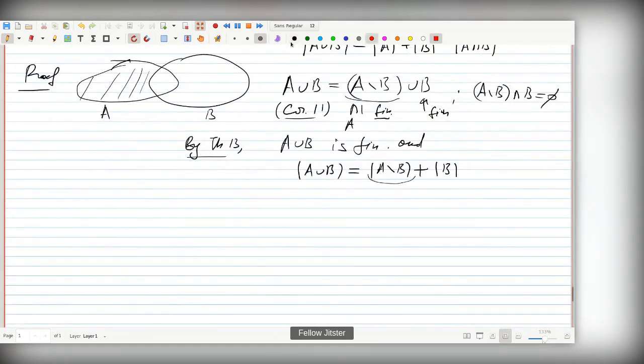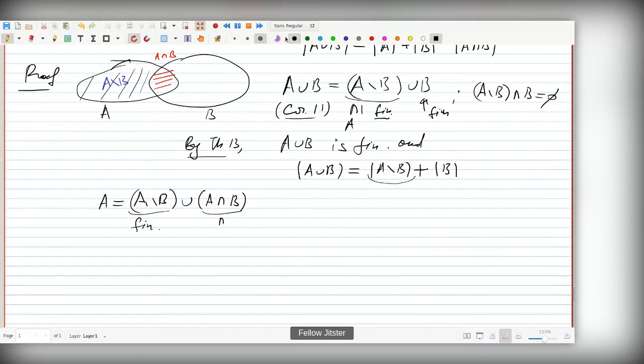But now let us compute this value. What is it? Look, A equals A minus B, here it is, by the way, A minus B union A intersection B. These both sets are finite.